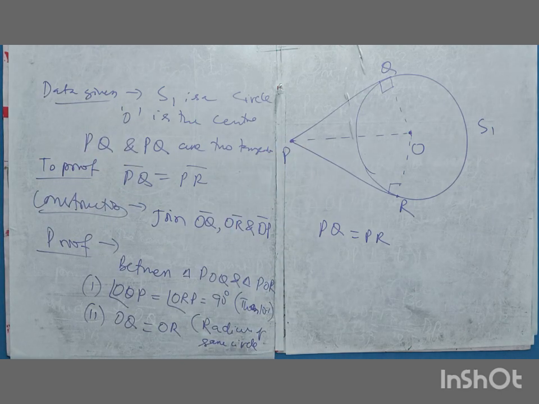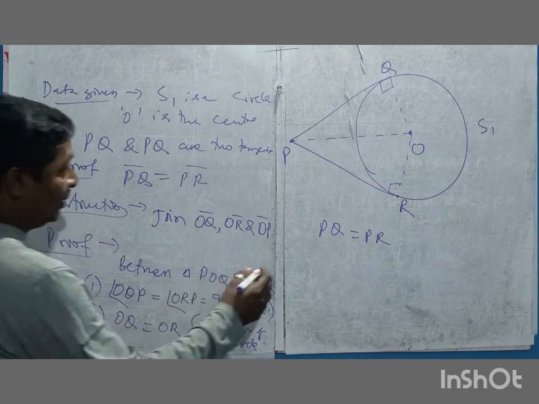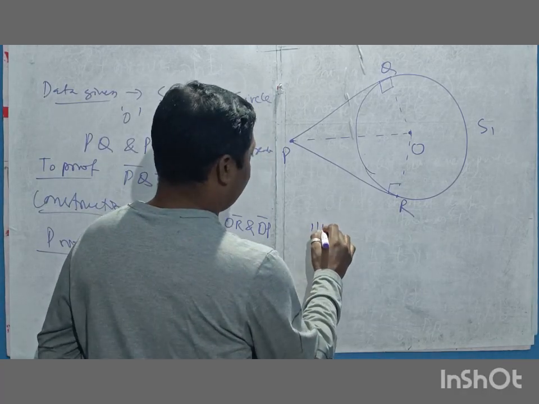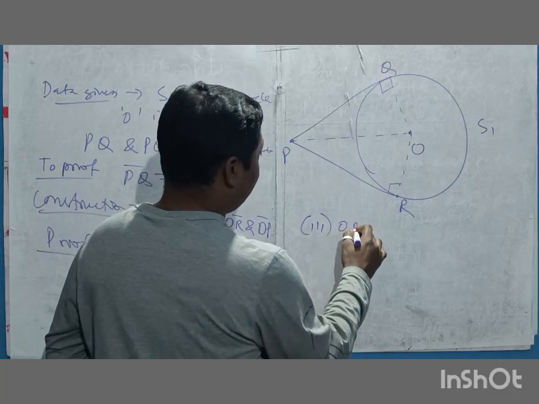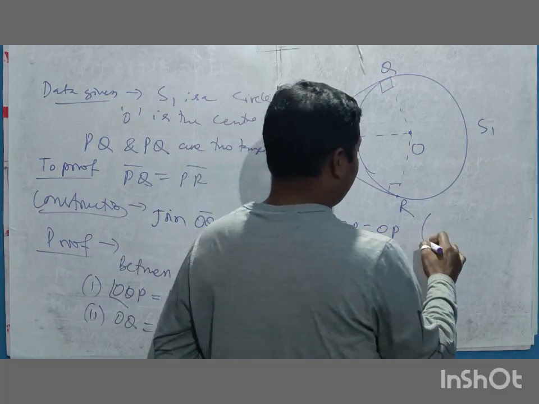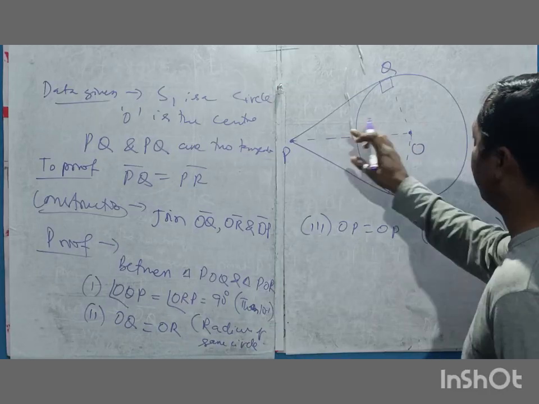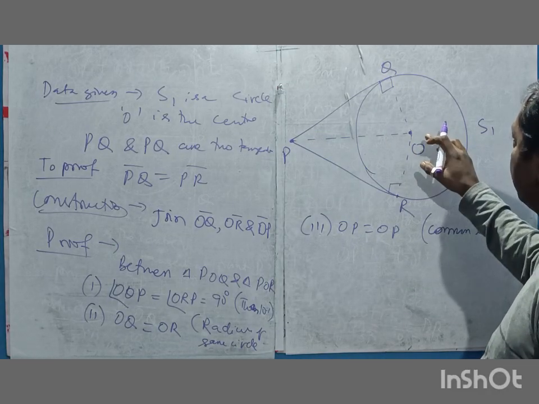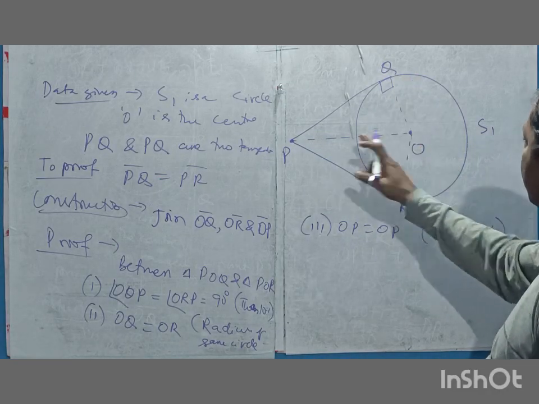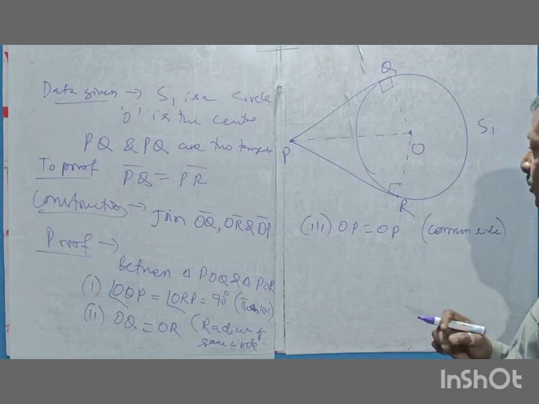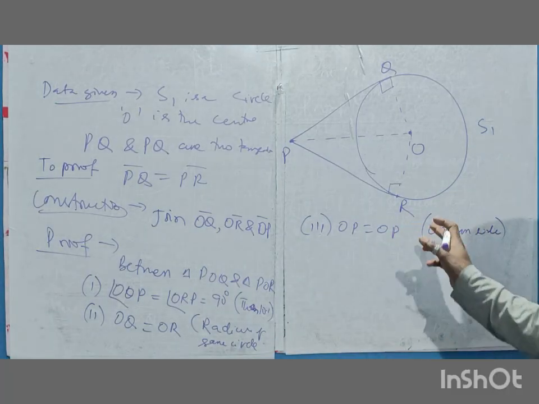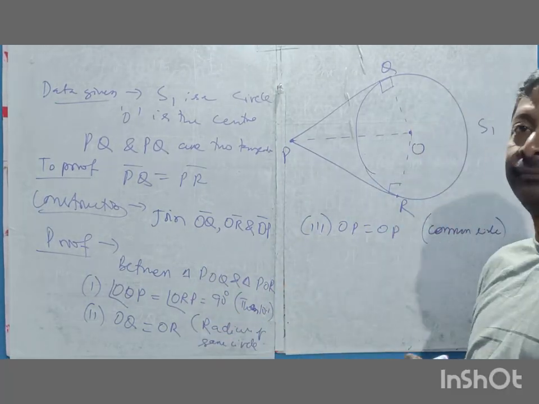The third is OP equals OP, common side. OP is a side of triangle OPQ and also of triangle OPR. So these are three conditions: side, side, angle.